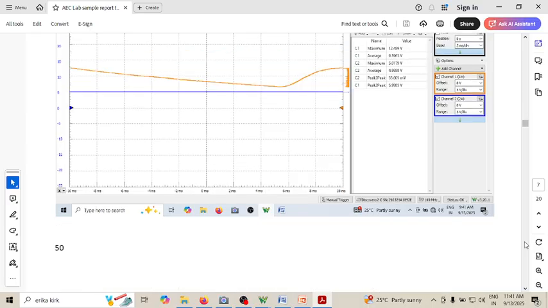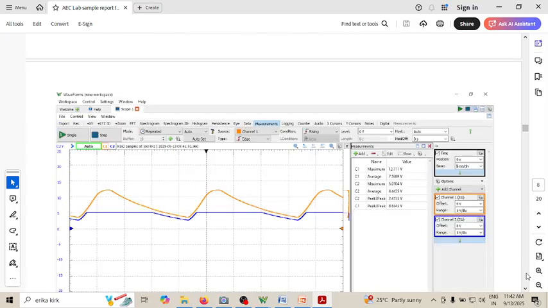For 110 it is 9.39. This is the input average I'm talking about, and the output voltage is almost fairly constant here.